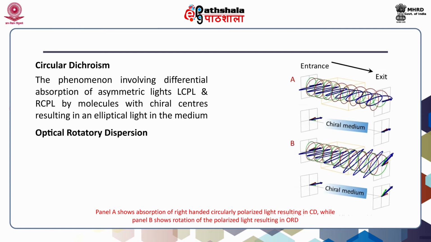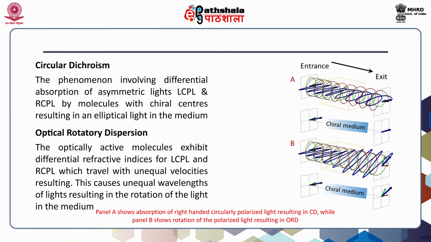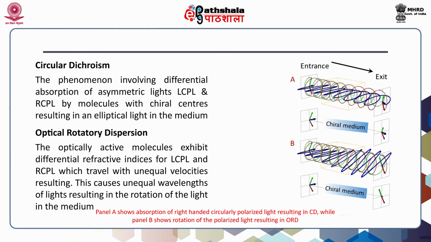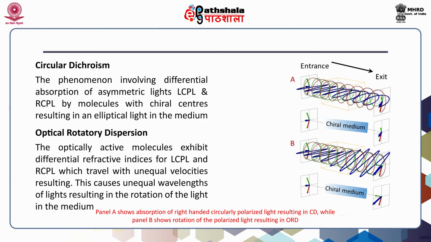So now what is the ORD? The ORD is when this rotation is taking place as a function of wavelength. What I have shown here is only a monochromatic wave, that is, a wave at a particular wavelength. That is rotating and providing a particular rotation after it has traversed through the medium.